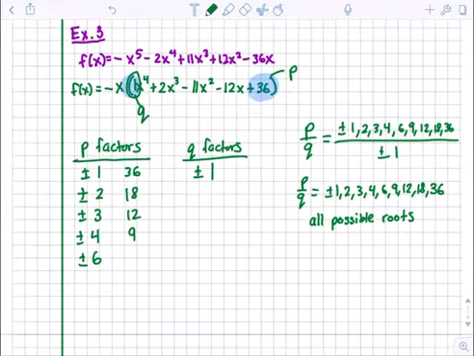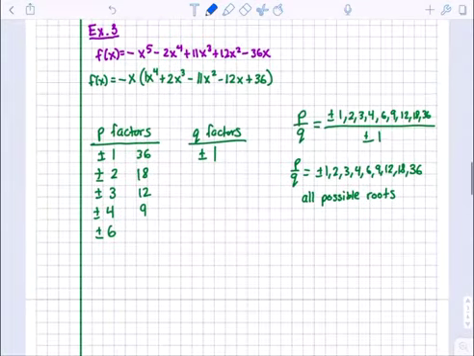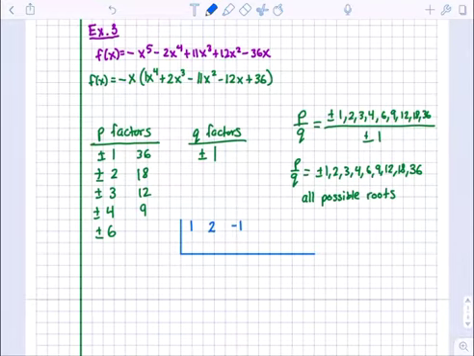Now it's time to try synthetic division with this. I see we have 1, 2, negative 11, negative 12, and 36. And remember, I'm getting it from these coefficients right there. So we have to test out a point.